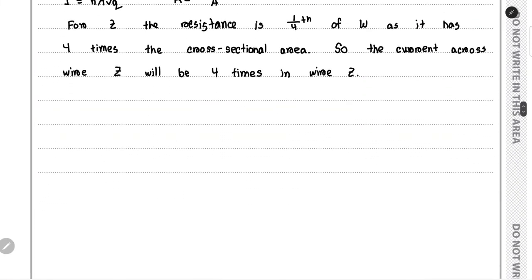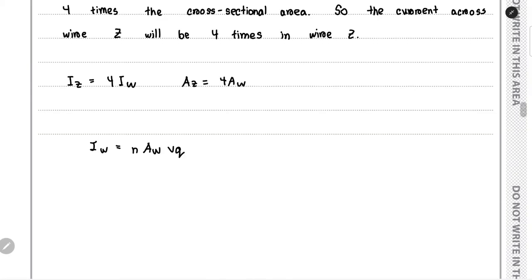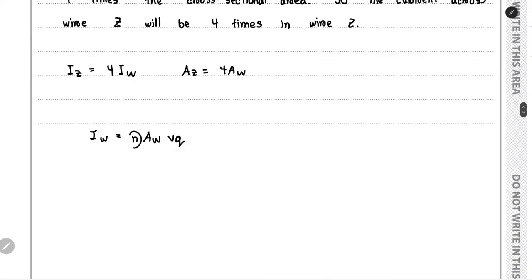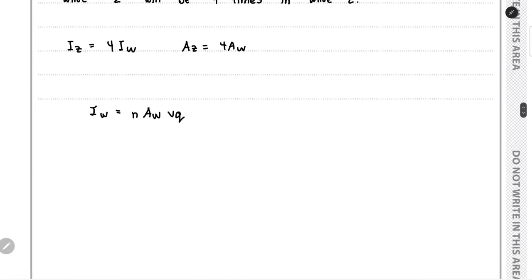If I consider IZ to be 4 IW and AZ to be 4 AW, we have IW equals NAW VQ. The charge and the number of charge carriers are also the same, since they are the same material. The resistivity is also the same, since it's the same material.